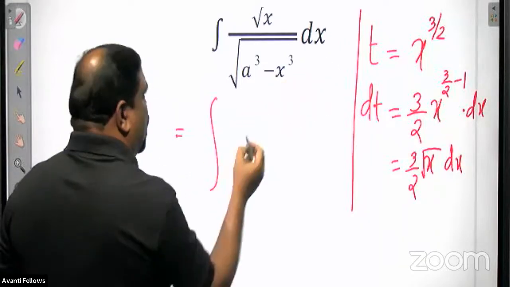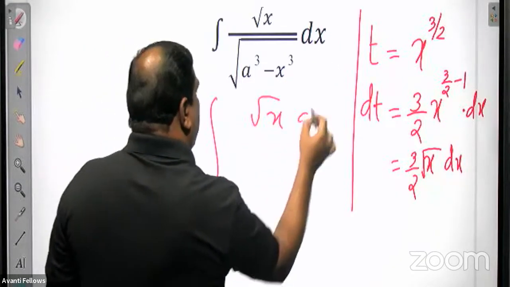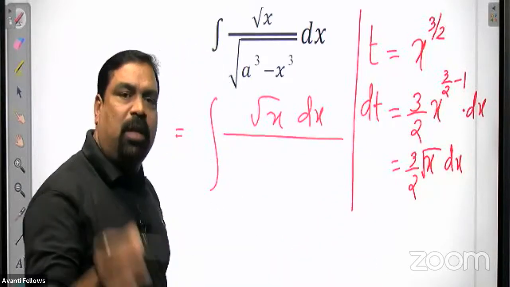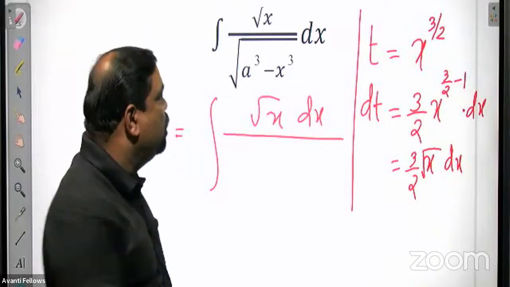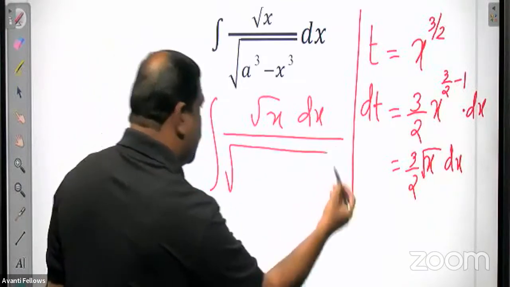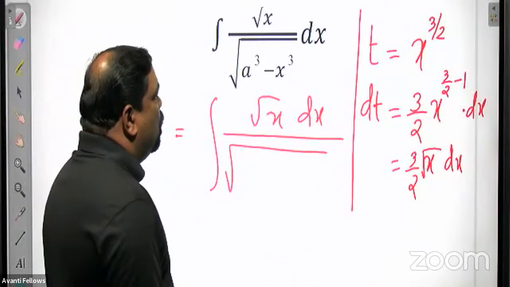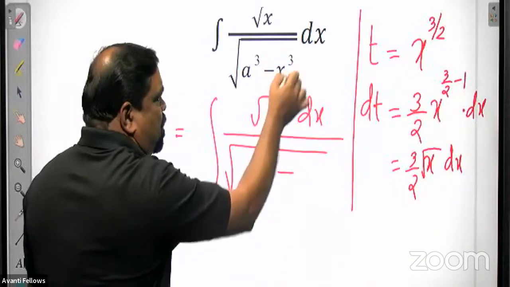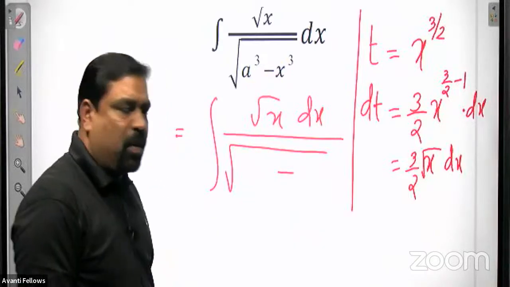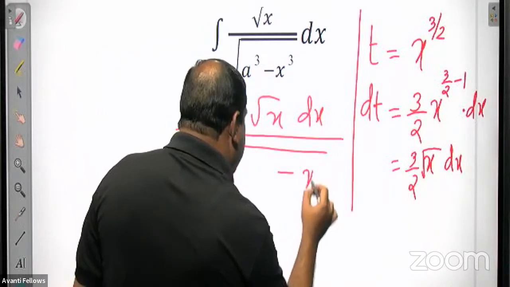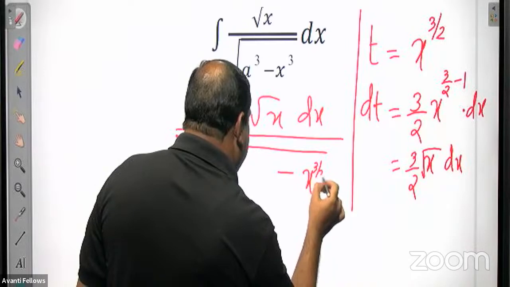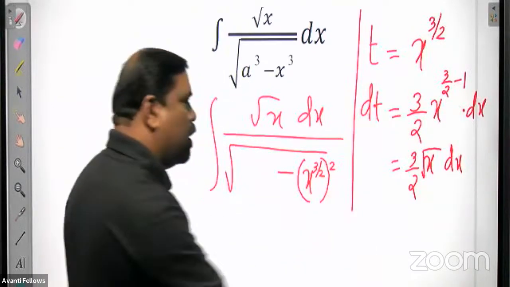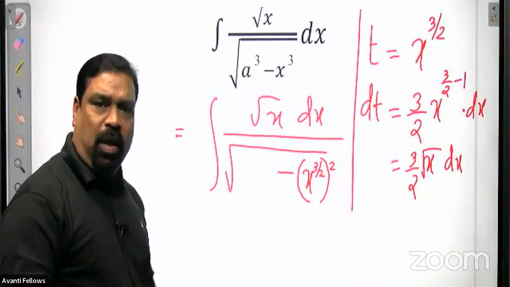Okay, so this given integral I will rewrite in this way: root x dx upon root of this x cube. The first term I will see later; the x cube is the important thing. How to write x cube? x raised to 3 by 2, the whole square.